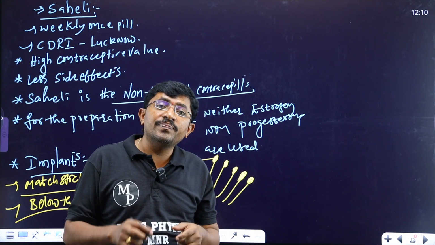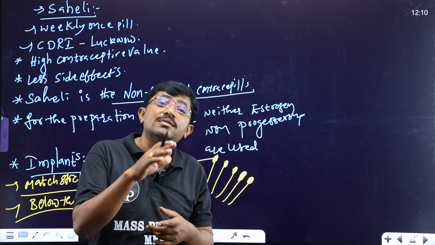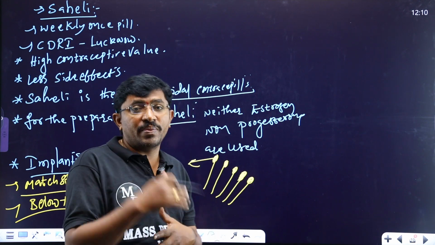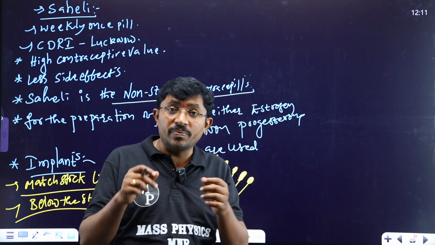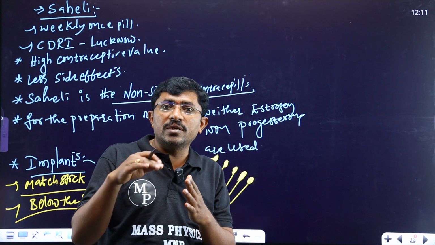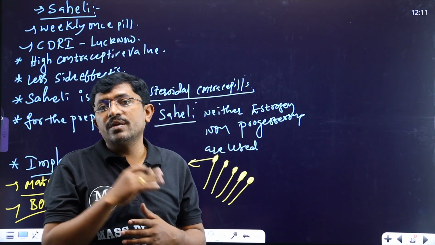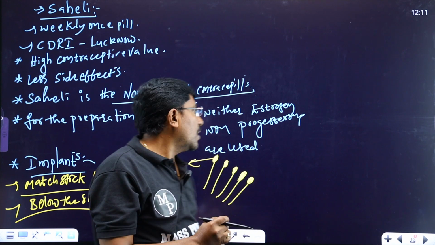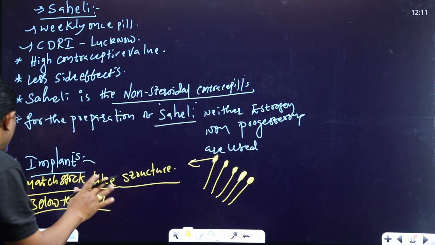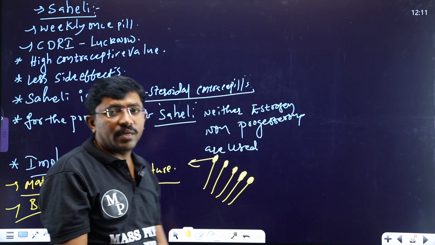At the same time, these hormones are also used to prevent pregnancy. When this hormone is present continuously for a long time at a high level, it helps to prevent pregnancy. Okay, these are the important points regarding hormonal contraceptive methods.